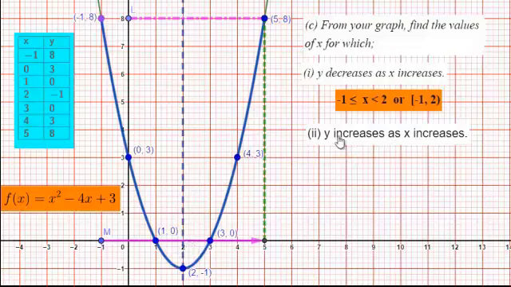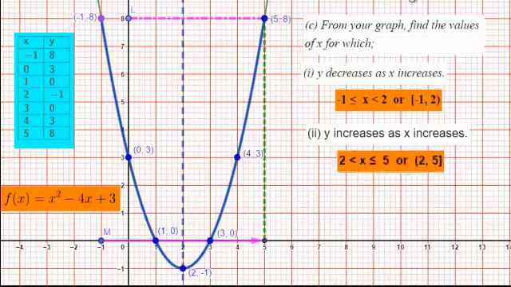But we need the values of x for which y increases as x increases, where both y and x are increasing. And that would be from where our line of symmetry is, or the river is, 2 on the x-axis up to 5. So you may write 2 and 5 and decide which inequality sign to place in between the x and these two values.